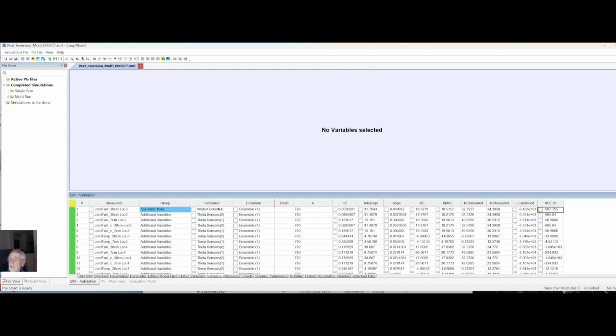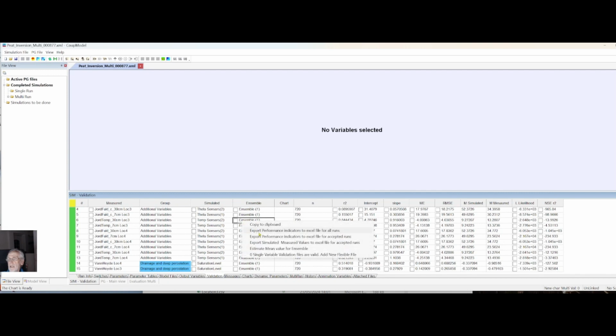Okay, so this is of course something that we could look at a lot, because there are many variables, many performance indicators, and not only one indicator for each run, but we can also, for instance, make an ensemble.